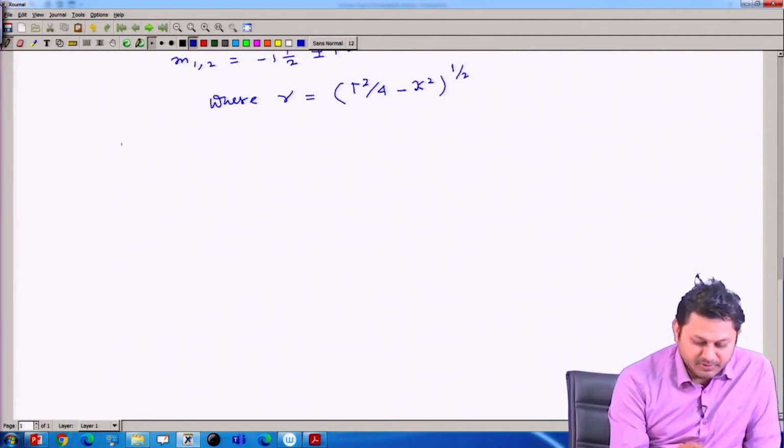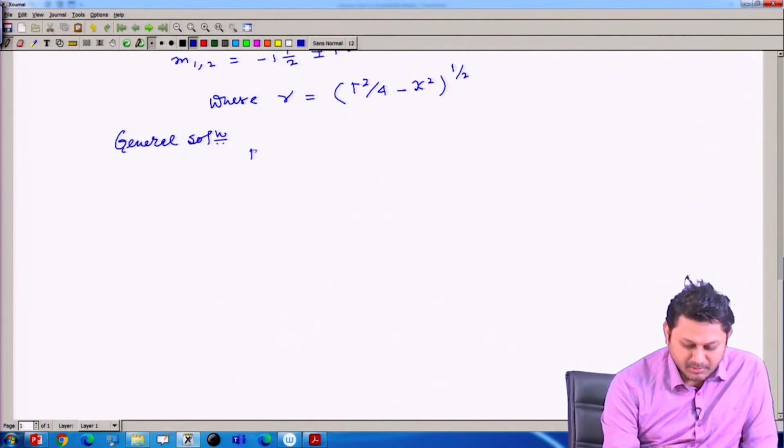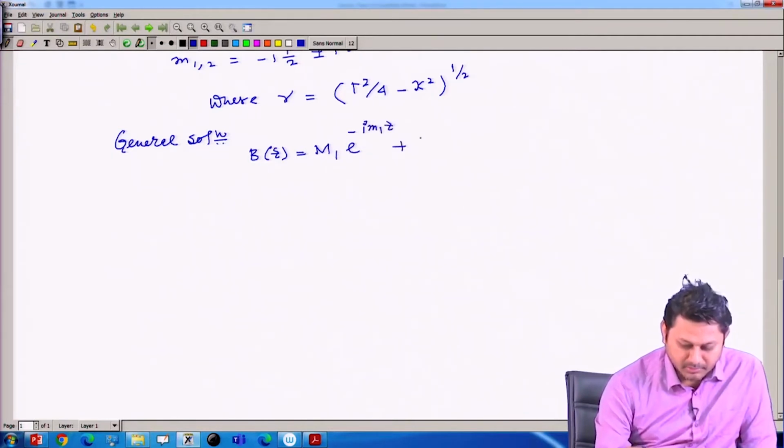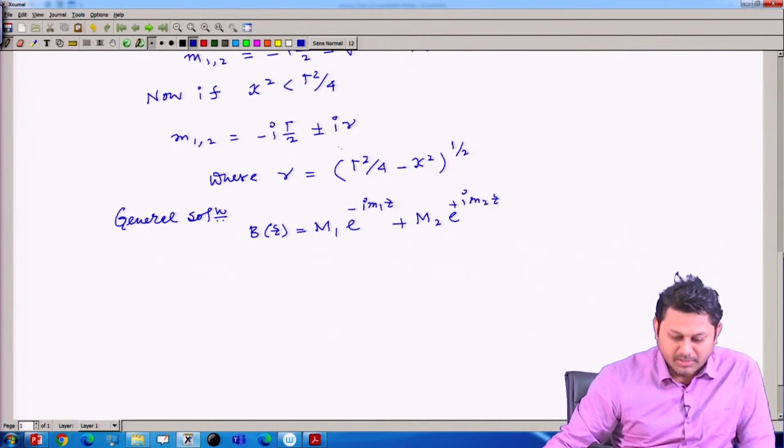So, if I want to find out the general solution, it should be simply equal to some constant m1 e to the power of minus i m1 z plus big m2 e to the power of minus i m2 z. So, now I put m1 and m2.